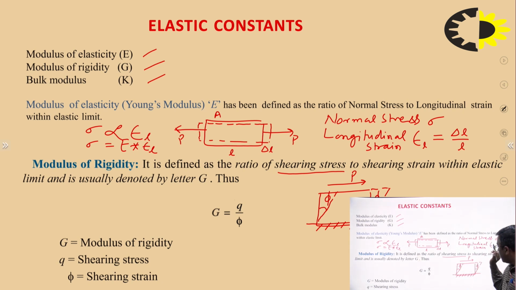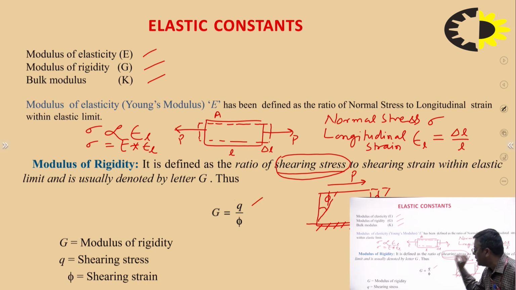So when the deforming force or the resistive force offered by a body is parallel to the plane of application, then we talk about shearing stress, and the ratio of shearing stress, denoted by Q here, to the shearing strain phi is known as modulus of rigidity. So I hope this term is also clear.